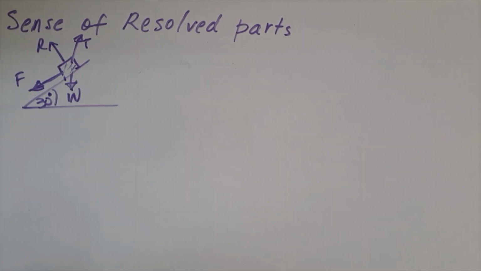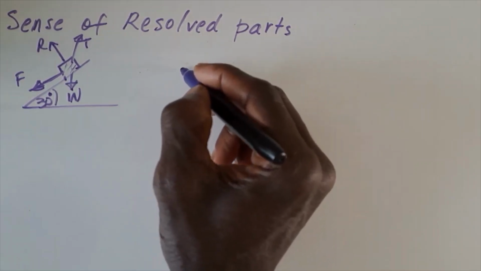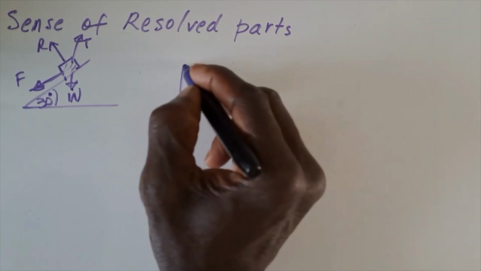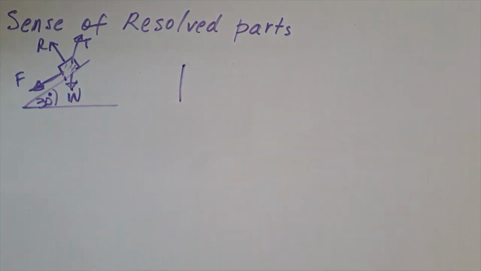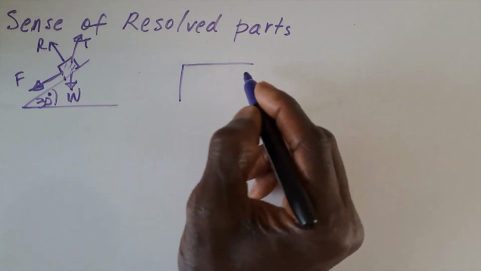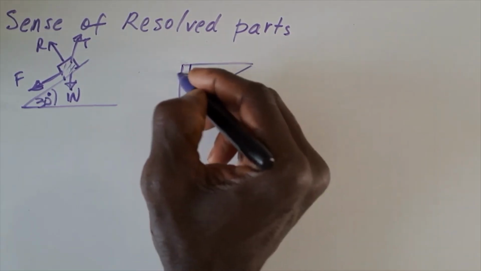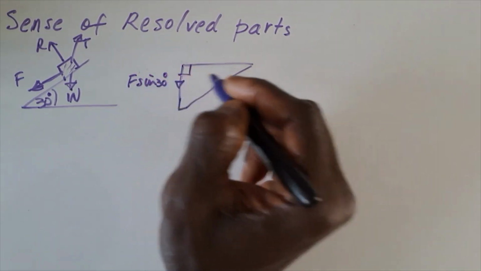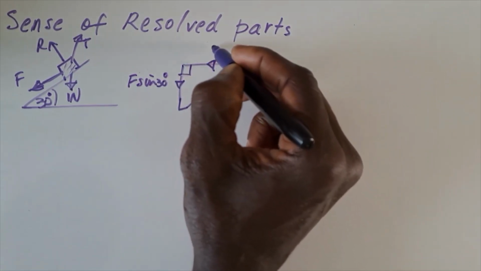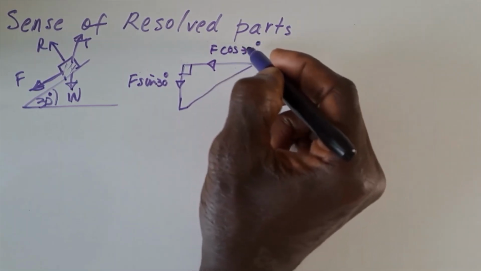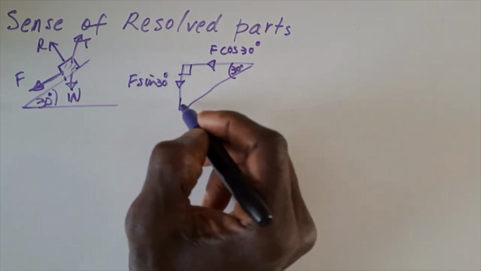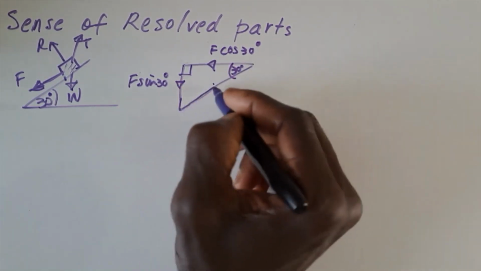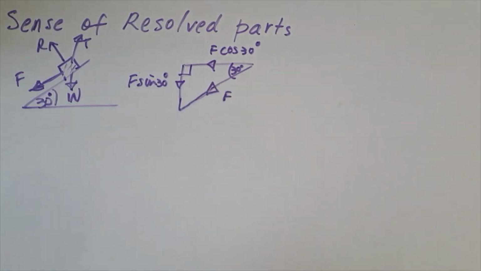Now, we did not know the sense of each component when we actually wrote the components, and here's a sketch of what I had for R. So R had the components F sine 30, F cosine 30, this is 30 degrees, and we have F acting in this direction.